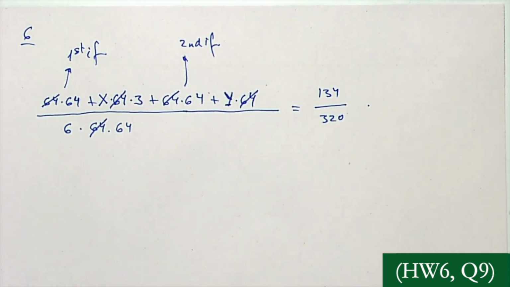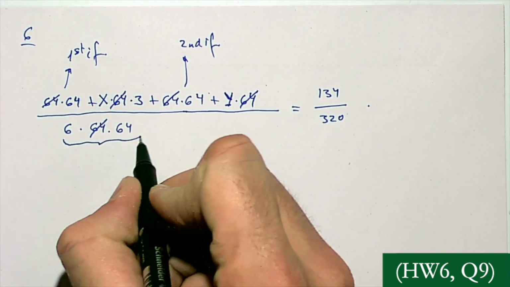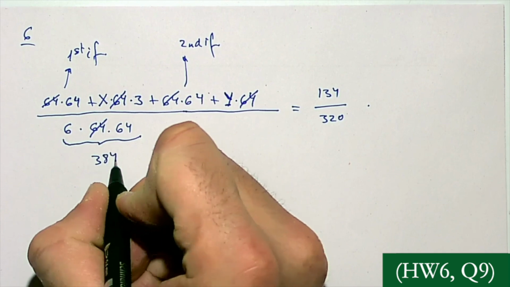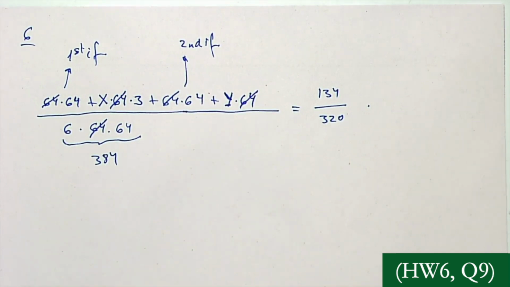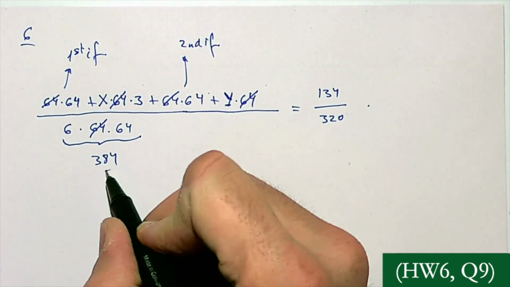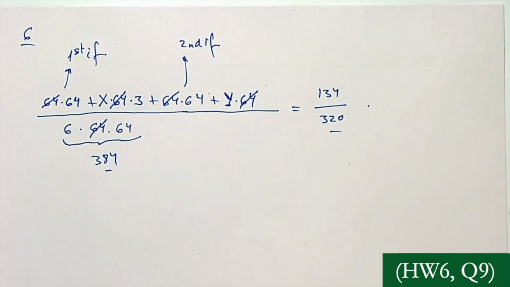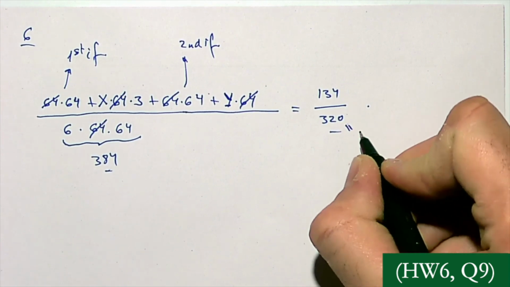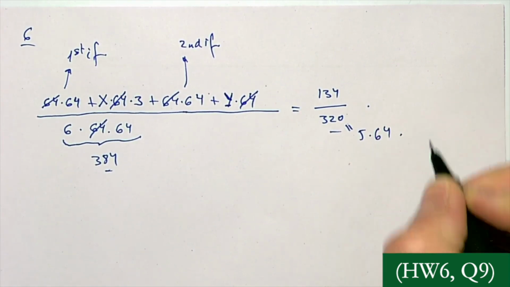That's super easy. And now, if we look at the denominator, we will see that this is equal to 384. And 384 is not equal to 320, right? Actually, 320 is equal to 5 times 64.